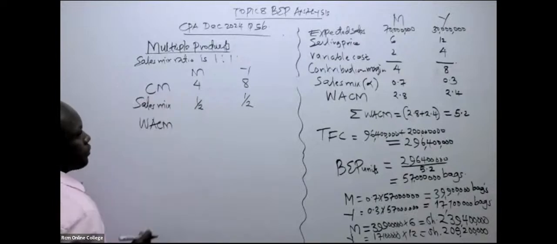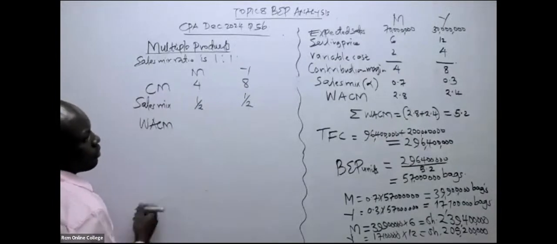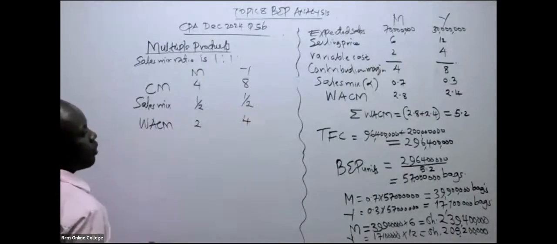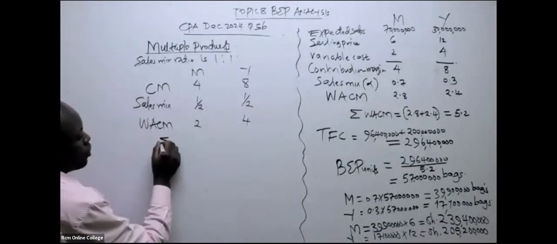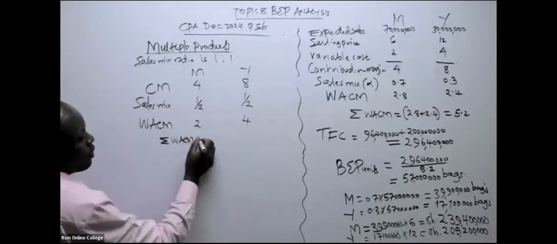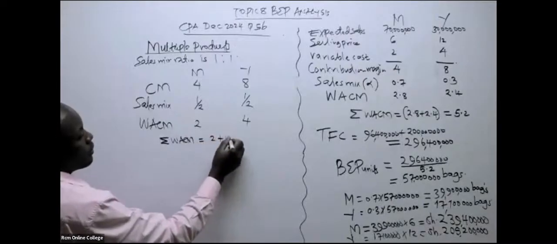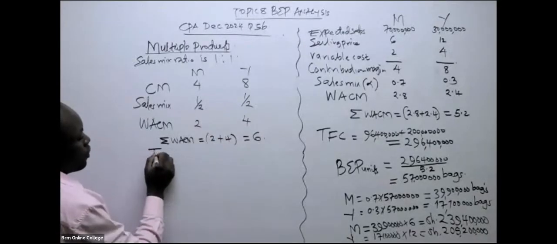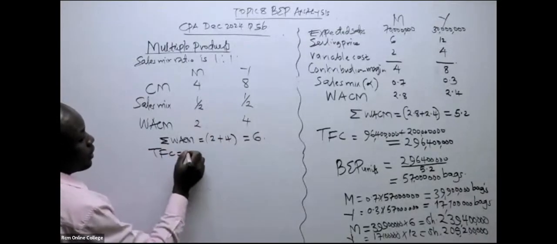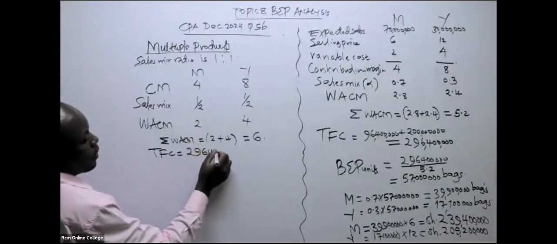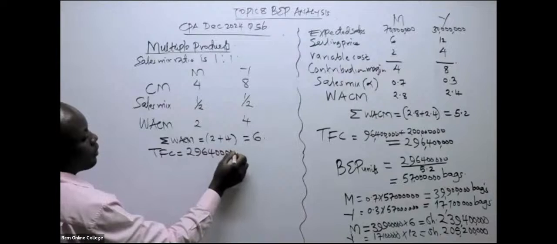Now, will I be able to get weighted average contribution margin? Half of 4 will give me 2. Half of 8 will give me 4. So my summation of weighted average contribution margin will be 2 plus 4, which gives me 6. Total fixed cost is not affected. It is 296,400,000.